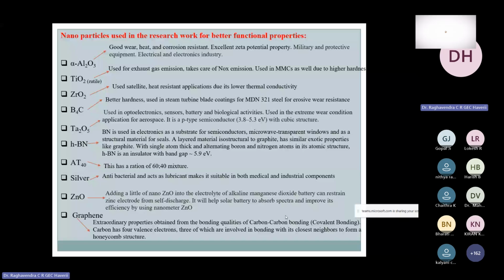This carbon-carbon bonding, which is a covalent bonding, gives it four valence electrons, and three of which are involved in bonding with its closest neighbors to form a honeycomb structure. This structure shows the highest resistance to deformation and impeding motions. So these are a few of the different particles that have been used.